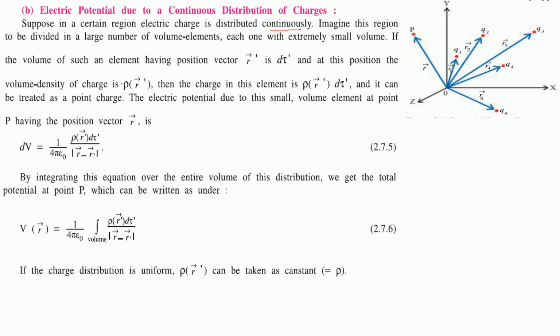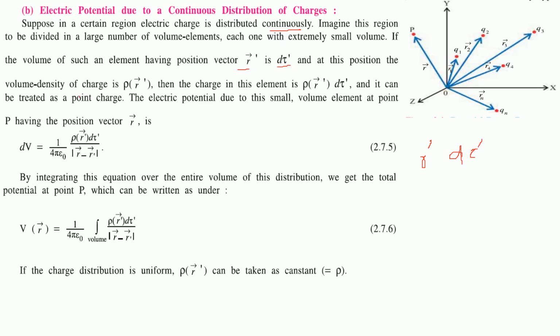The volume of such an element, having a position vector R dash, we are taking as d tau, so it is d tau dash at position R dash.